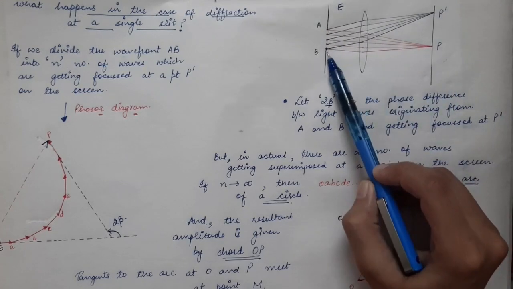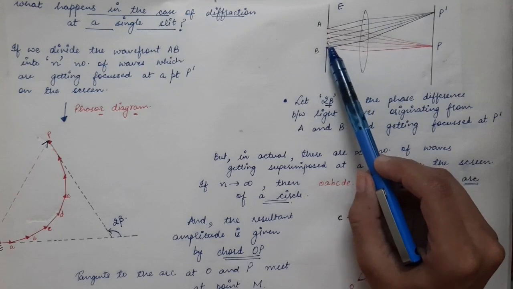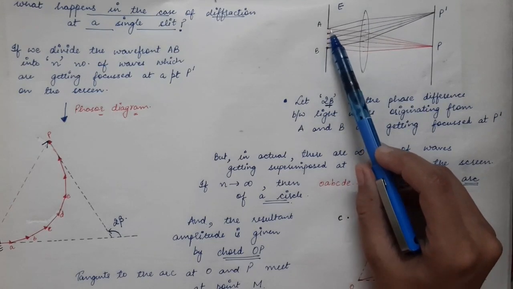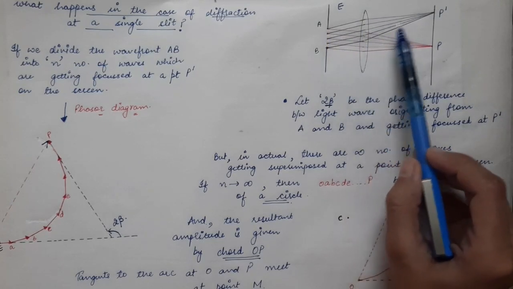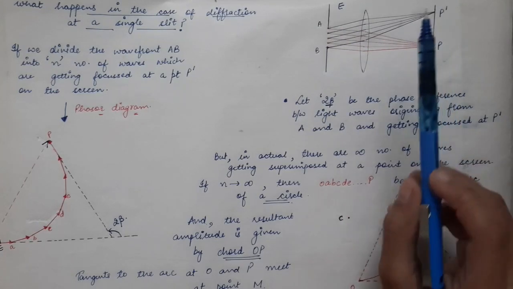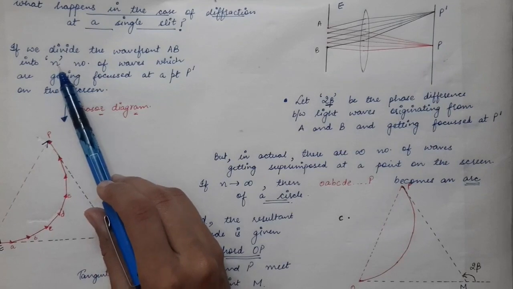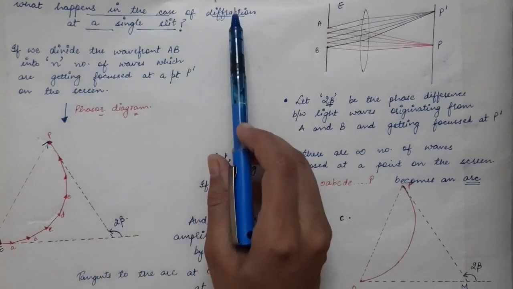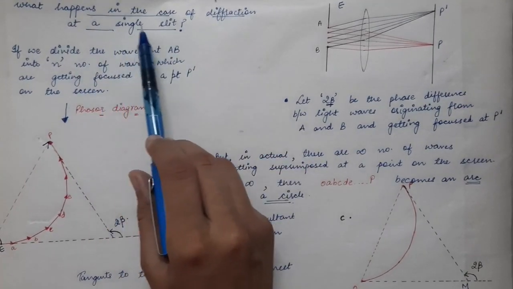The wavefront can be divided into an infinite number of small sections, so an infinite number of waves will get focused at P prime. So n will approach infinity for the case of diffraction at a single slit.